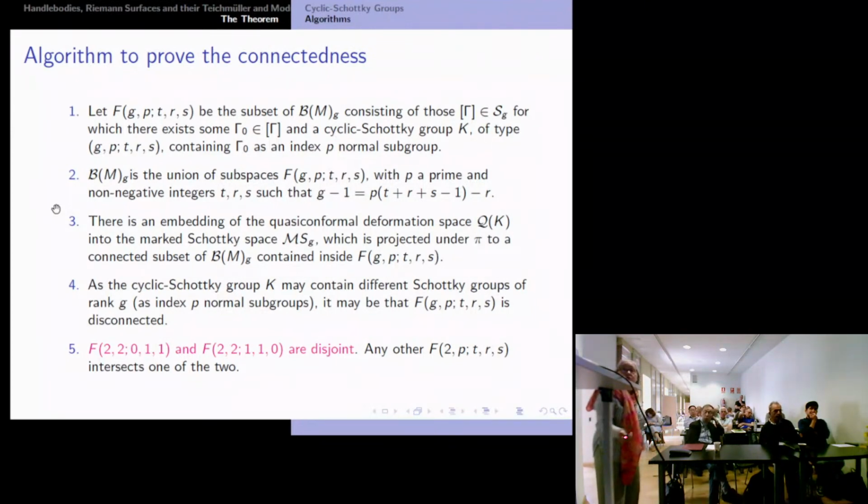In genus 2, these two families are disjoint, and any other of the groups that can appear in genus 2 either intersect this family or intersect this family, but they never intersect both families at the same time. So in genus 2 the branch locus is disconnected.